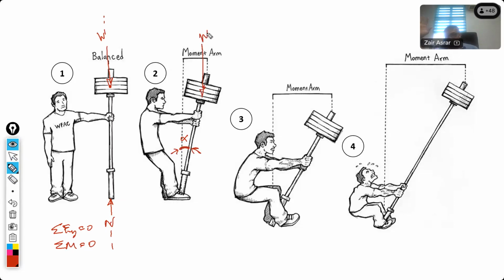Nothing changes. The normal force will also be the same. But in this case, the direction for normal force and weight is no longer along the same line. The lines of action for these two forces are no longer along the same line. So due to this, there will be some moment generated.